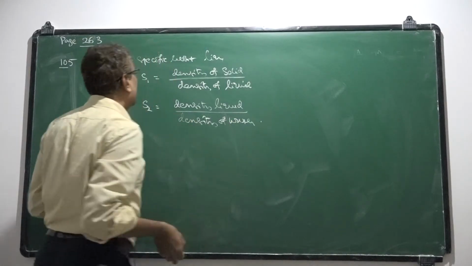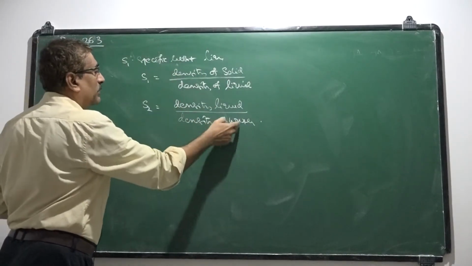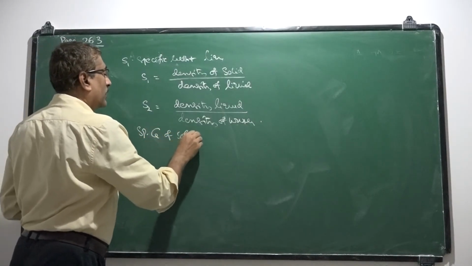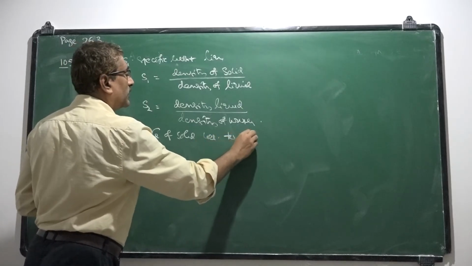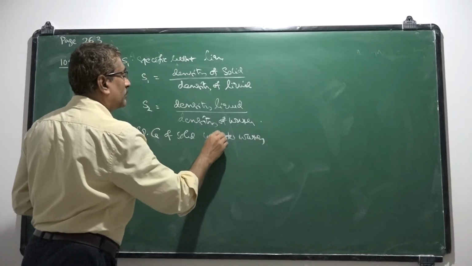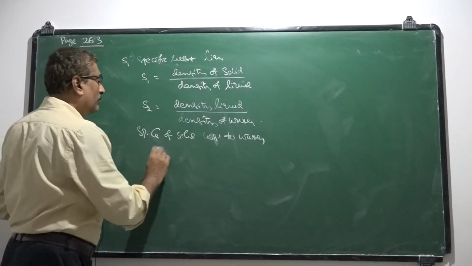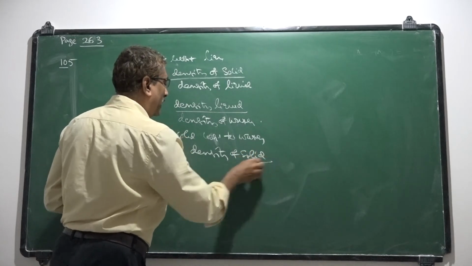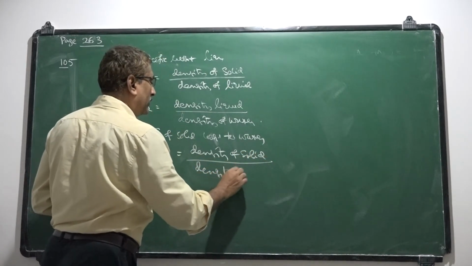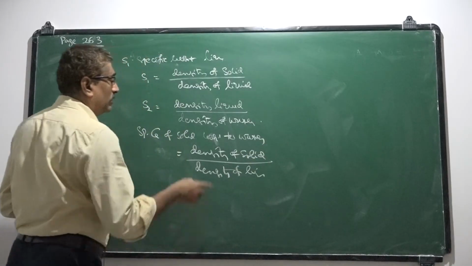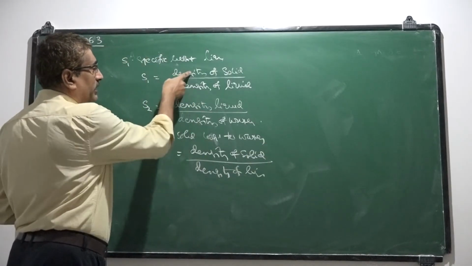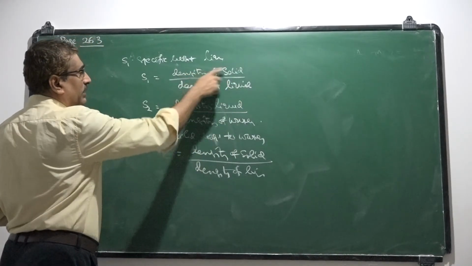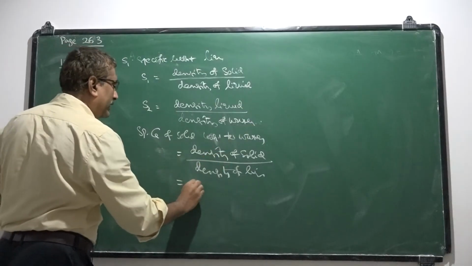Now you are asked to find the specific gravity of the solid with respect to water, which is density of solid by density of water. If you multiply these two, the density of liquid will get cancelled, so that you get the density of solid by density of water. So that is S1 into S2.